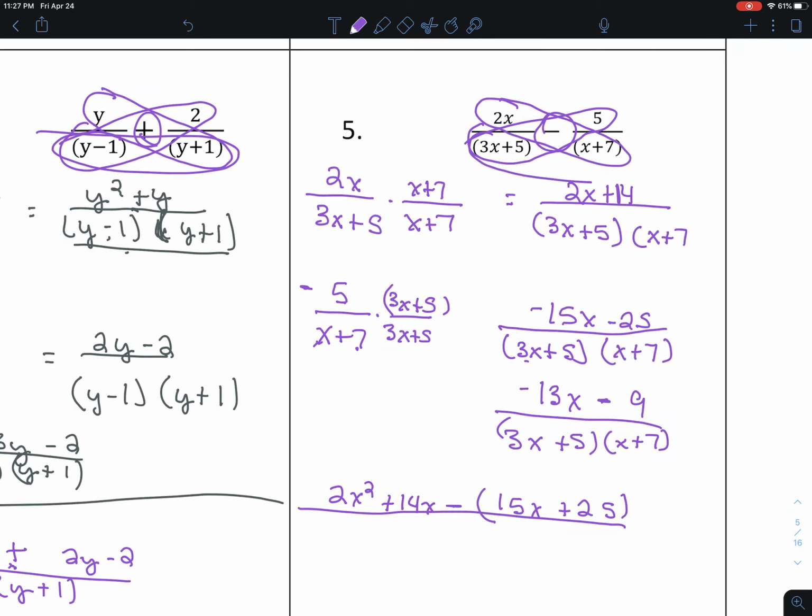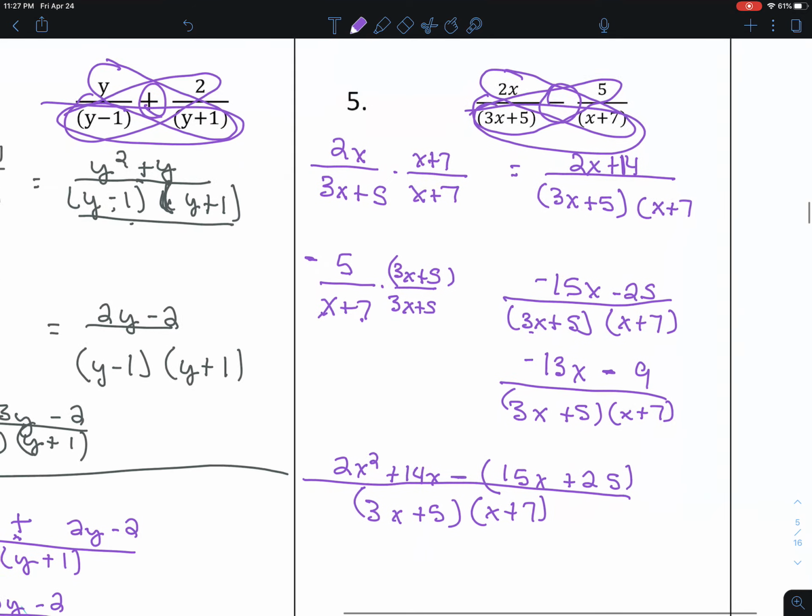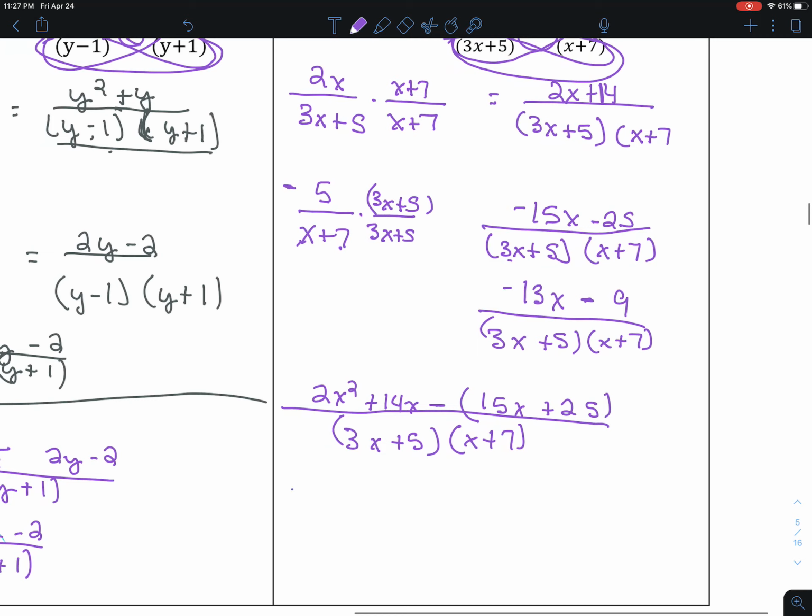And then the final step is to multiply the denominators together, which would be 3x plus 5, x plus 7. And if you notice, when we clean that up, we get the same thing, because this would be 2x squared minus, well, actually that gives me minus x minus 25.